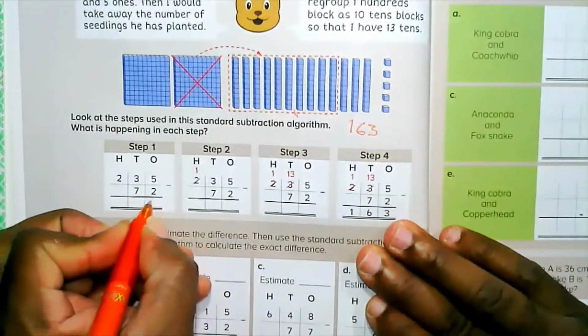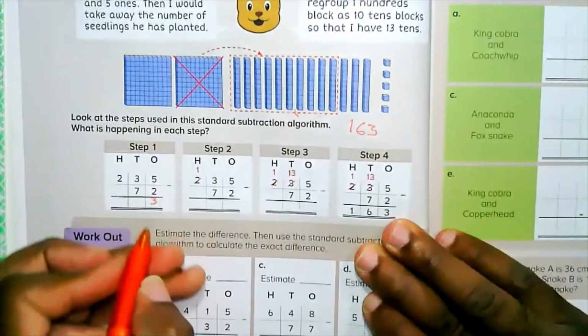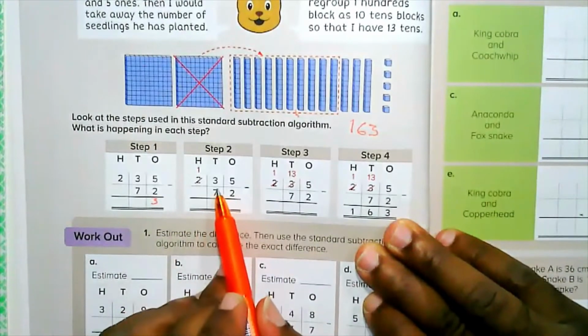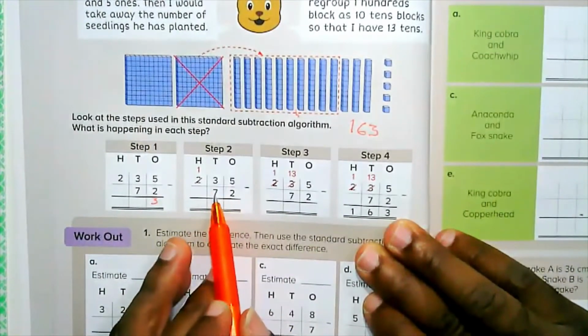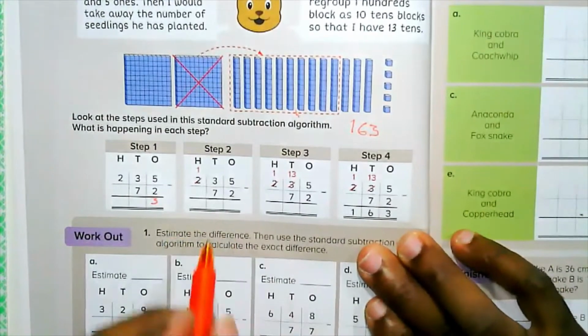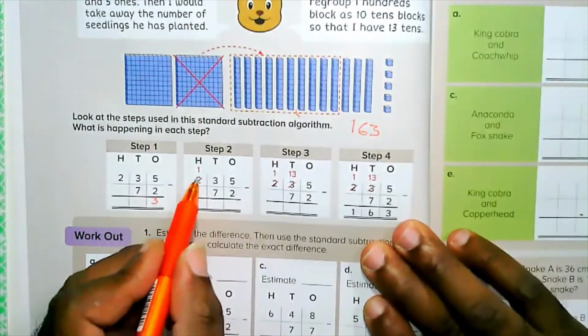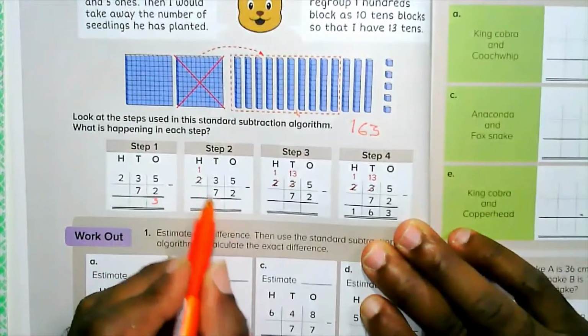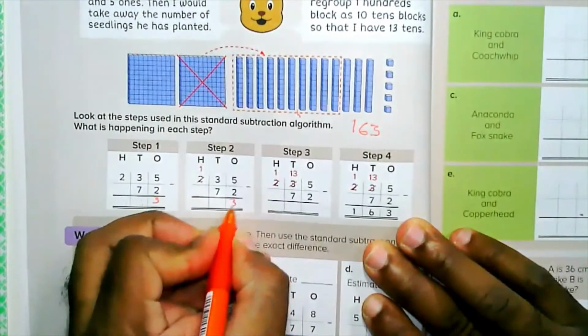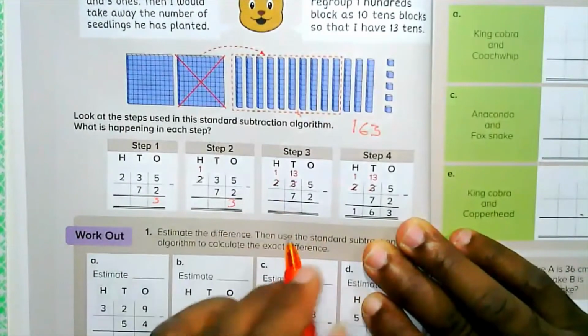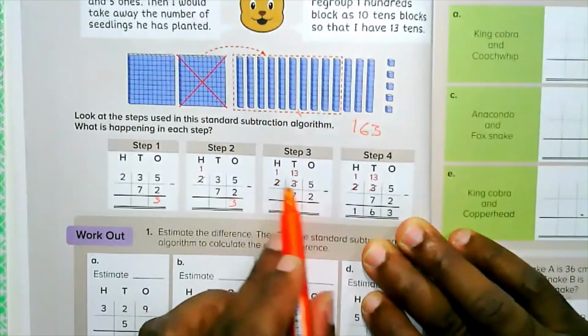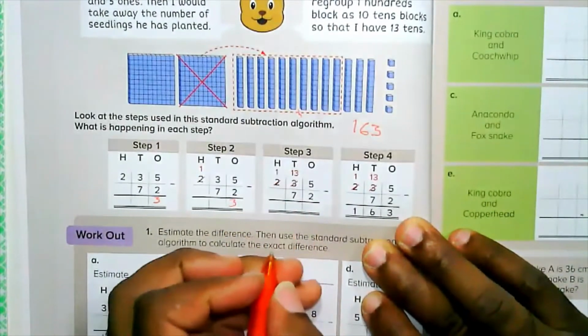It will be 3. We write 3 here. Then the next step, 3 minus 7. It's impossible, so we borrow 1 from here. So this one we have 3, and bring that one here to be 13, and this remains 1.